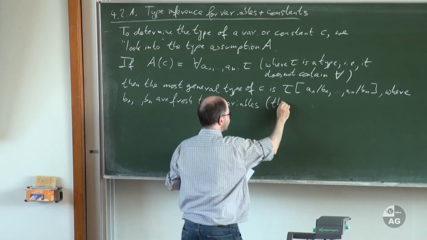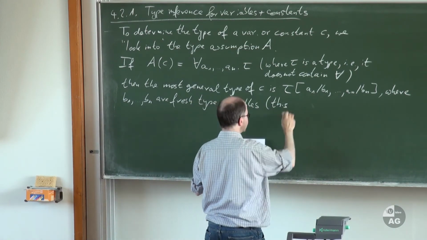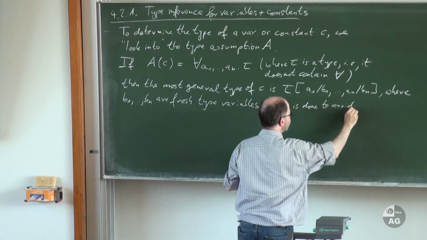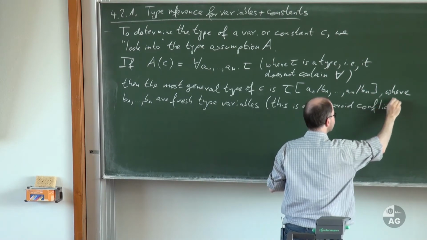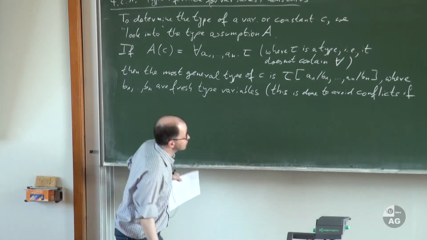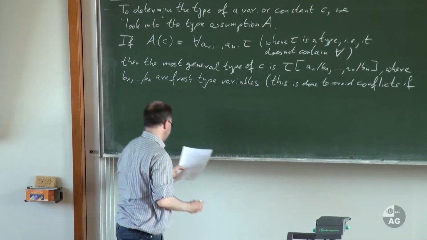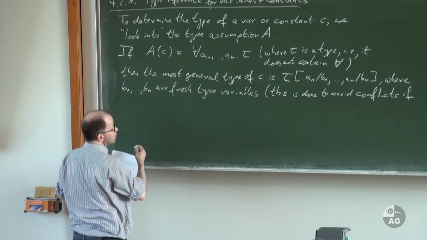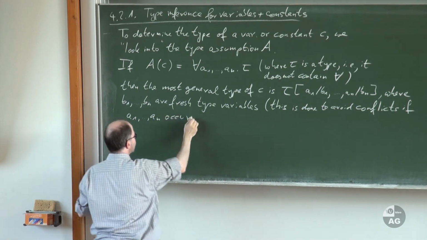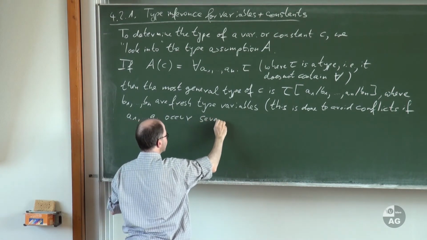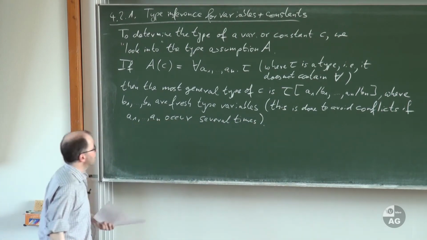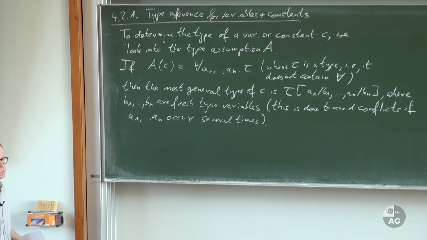And this is done to avoid conflicts if these other type variables A1 to An occur several times. So this will be the type of C.